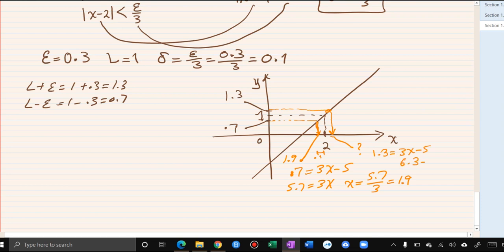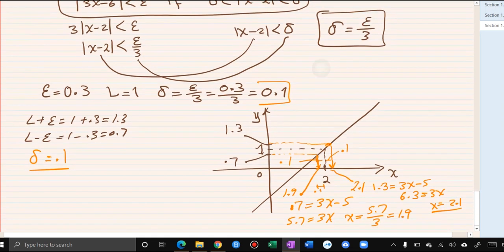I get 6.3 equal 3x. And now x is 2.1. Okay, so x is 2.1, and that's what that is. Notice the symmetry of the two. This is 0.1 and that distance is also 0.1. So that is what our delta is. Delta is 0.1.